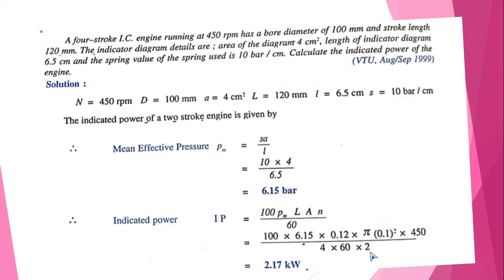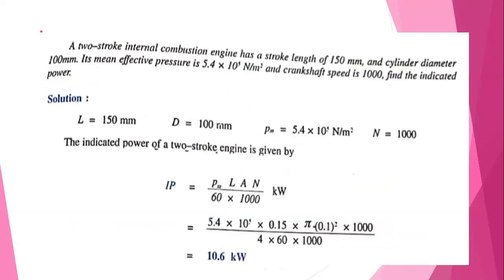If you substitute all the values in this equation, you will get 2.17 kilowatt.